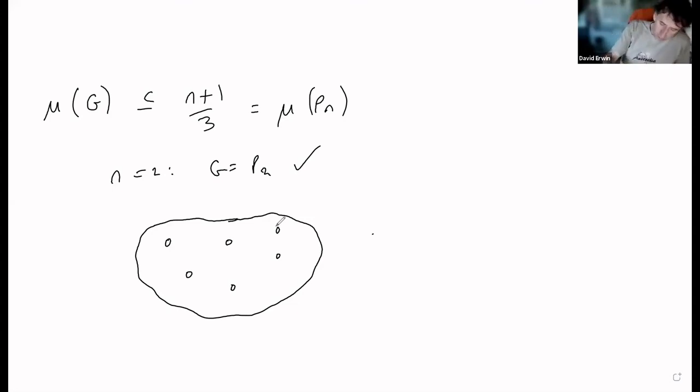And when you delete an edge in a graph, the distances between the vertices can only increase, and so the average distance can only increase. So we can assume G is a tree.